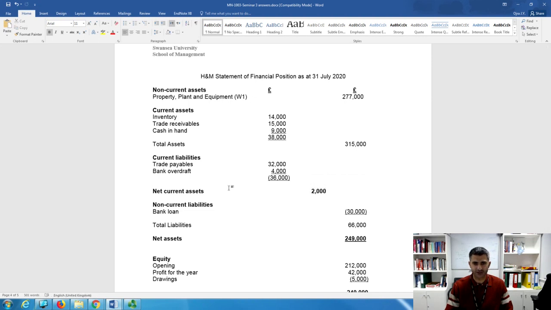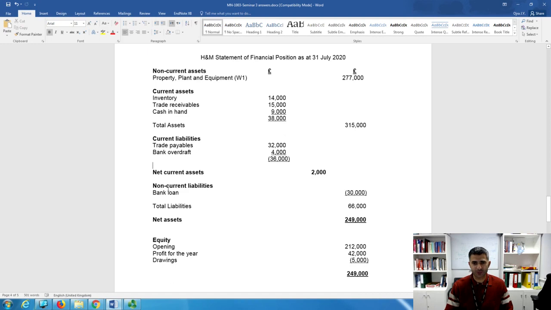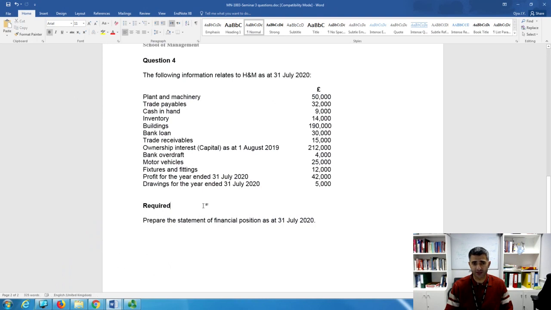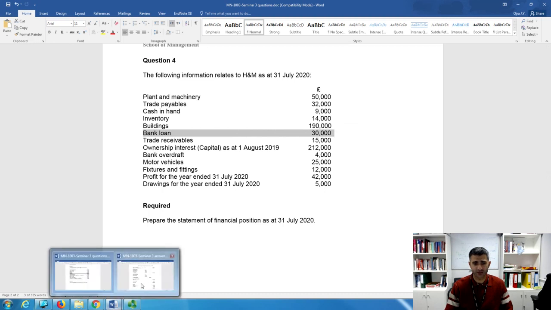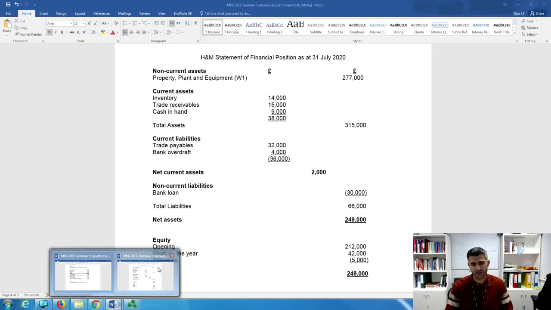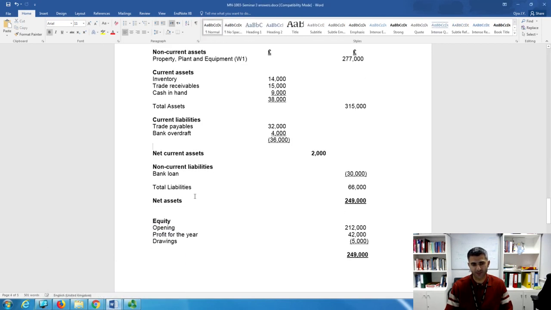Okay, great. Non-current liabilities, if you see the question, we have the non-current liability, the bank loan, look, £30,000, and it's considered to be long-term unless the question tells you it's a short-term bank loan. Here we go, bank loan 30,000 under non-current liabilities. In this case, total liabilities will be the current liabilities of £36,000 plus the £30,000.